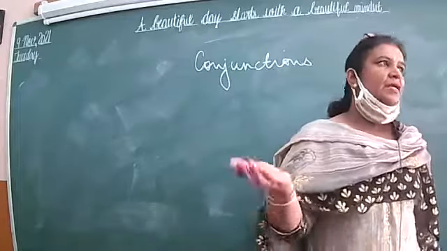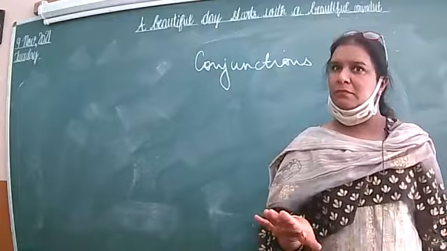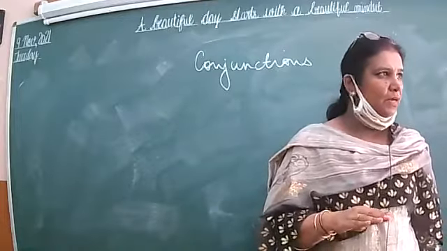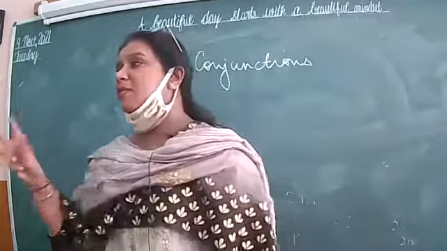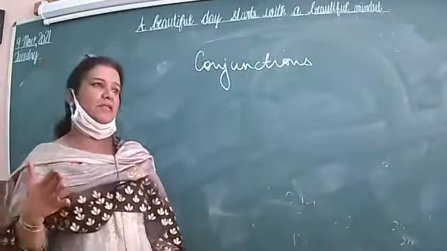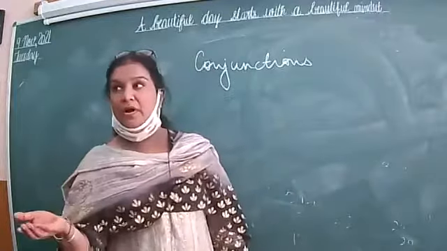Then what is a subordinate? Subordinate means someone lesser, lower. Yes, dependent, very good. Now subordinating conjunctions, they will be there in a sentence. We've read about clauses, and we'll be reading about them more.